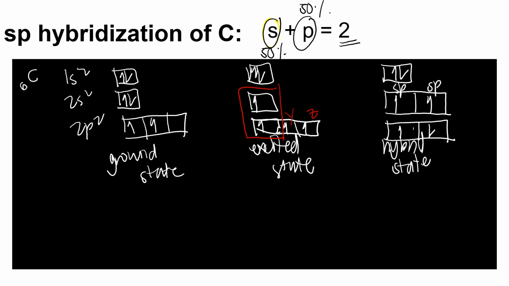You have your carbon atom, and then you have your sp2 hybridized atomic orbitals. And do not forget that you still have your y and your z, which is unhybridized. So an example here is your C2H2.